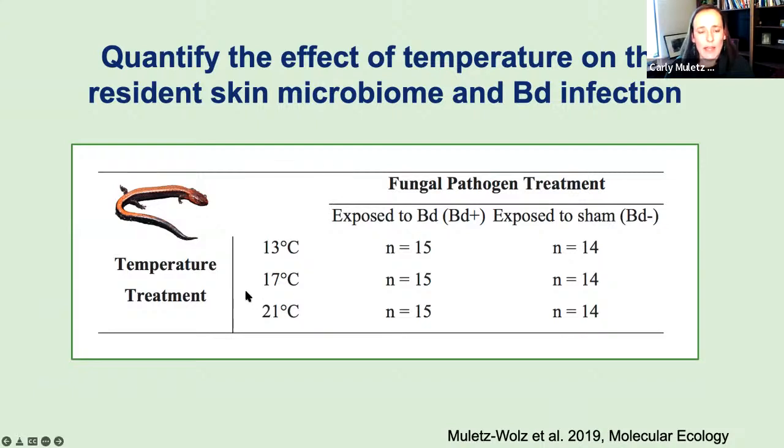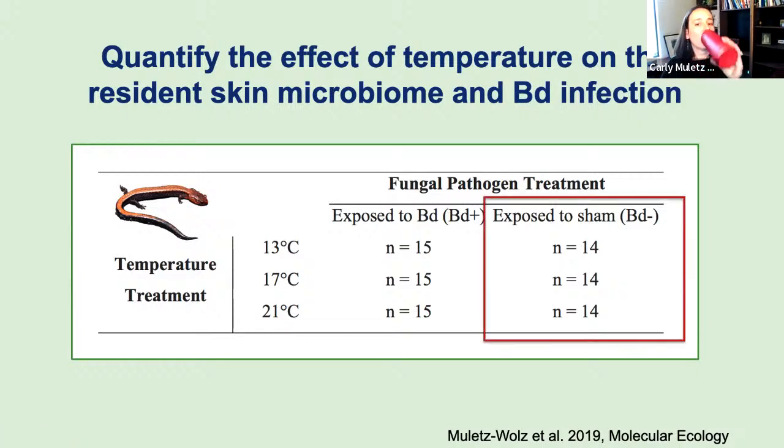We had an average spring temperature, an average summer temperature, and what would be an elevated temperature of 21 degrees Celsius for a salamander. What I'm going to share with you now is just the data looking at temperature. We're going to leave BD infection out of the story until later in the talk.